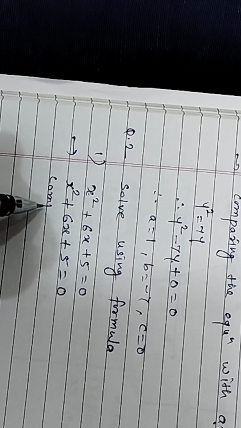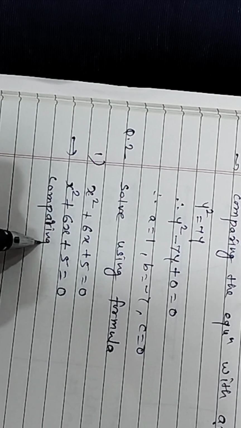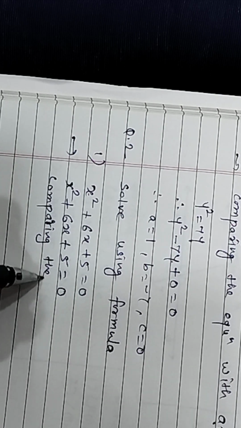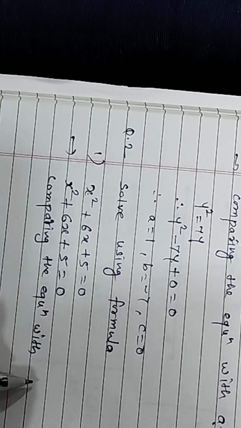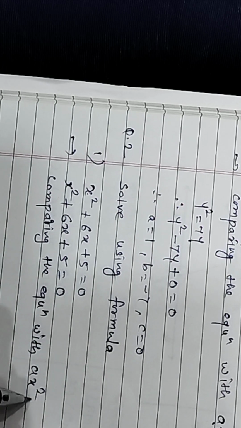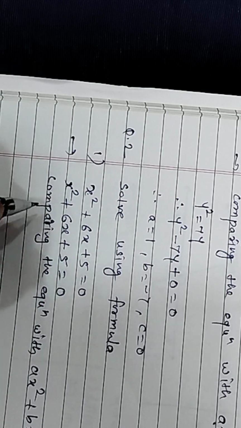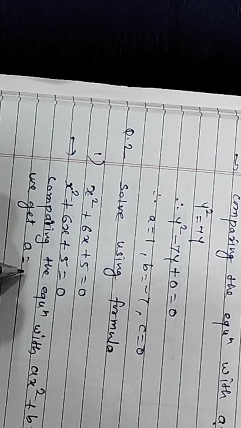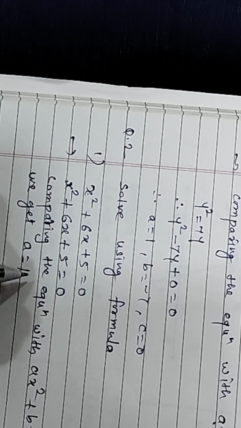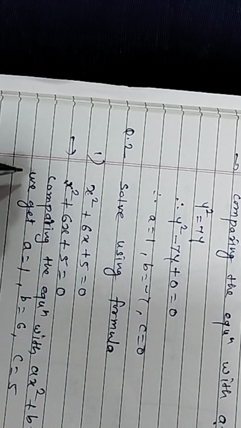Comparing the equation with ax square plus bx plus c is equal to 0. Here we get a is equal to 1, coefficient of x square is equal to 1, then b is equal to 6, and c is equal to 5.